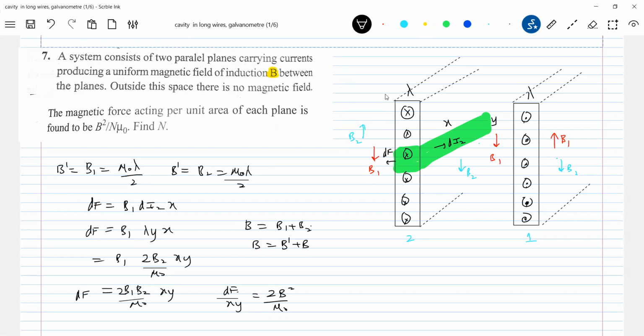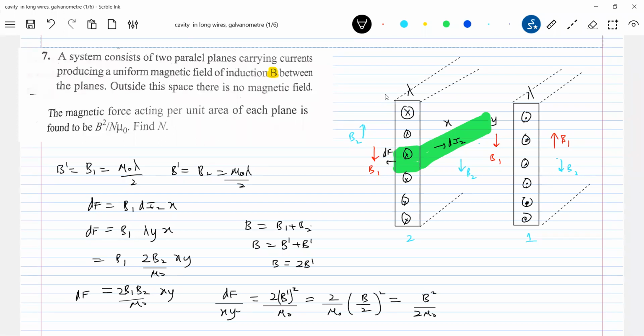And in turn, B1 and B2 are equal. So I'll replace B1, B2 and this should be 2B dash. So from the formula, dF by XY should be equal to 2B dash square by mu naught. B dash is B by 2, whole square. So this will become B square by 2 mu naught.